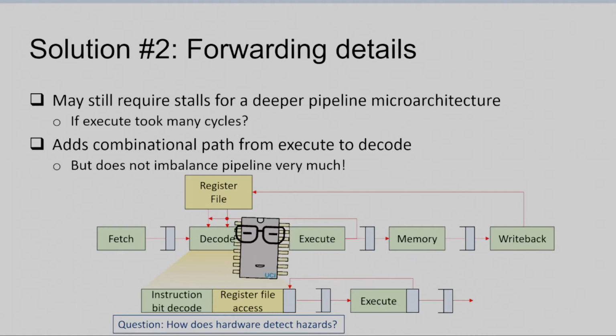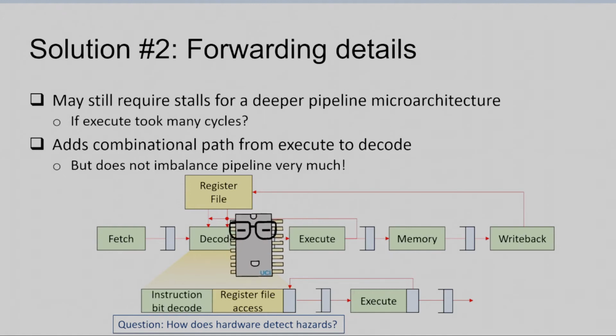Basically the only thing forwarding affects is not the bit decoding of the instruction, and not the register file access. The only part of the decode module that depends on the forwarded data is deciding: do we use the register file reads or the forwarding data? So the previous stages don't really depend on the execute stage.